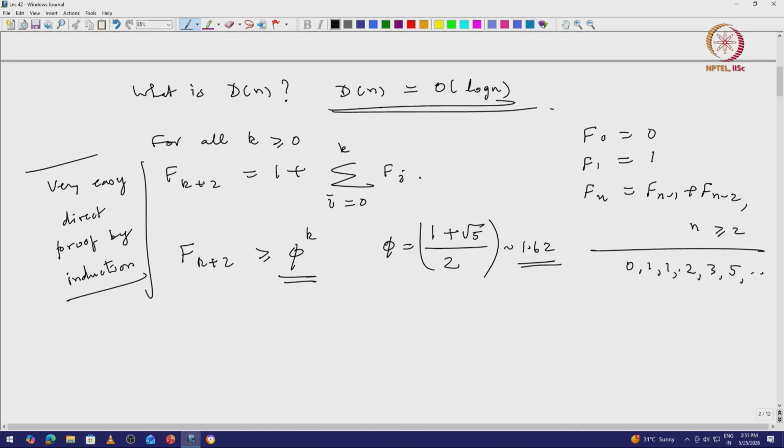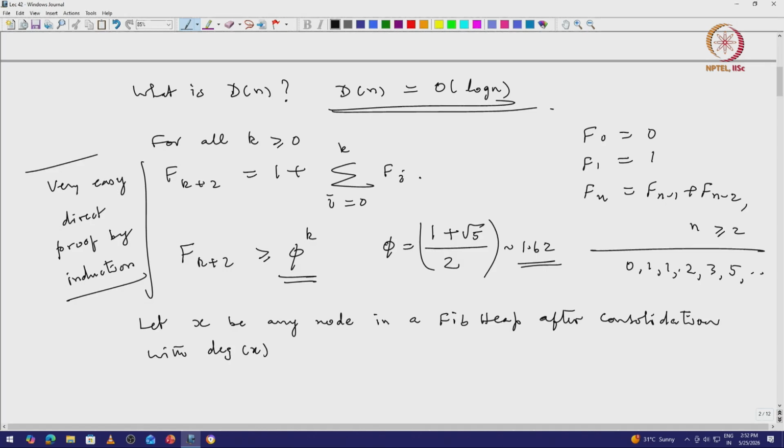Both these facts are absolutely easy to prove by induction. So this is the technical lemma that we need. Let x be any node in a Fibonacci heap after consolidation, that is, after tree link and everything is done, with degree of x equal to k.